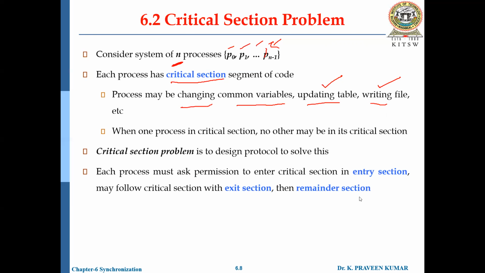When one process is in its critical section, no other may be in its critical section. We discussed a doctor-patient example in the classroom.